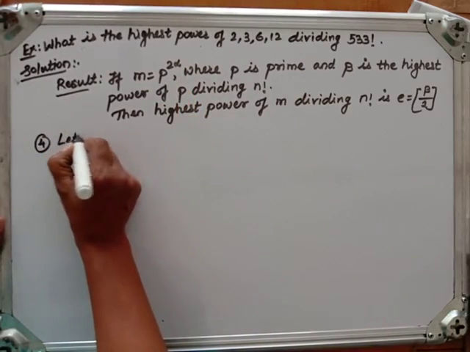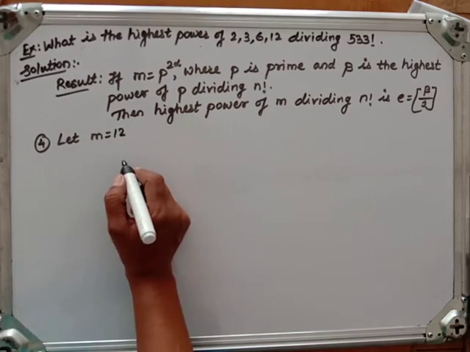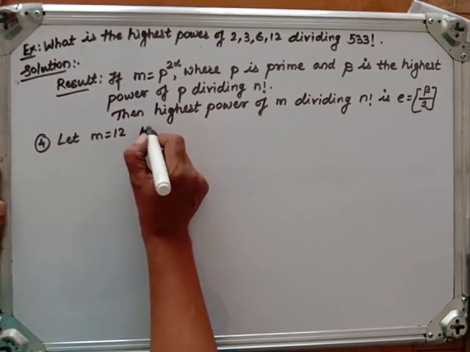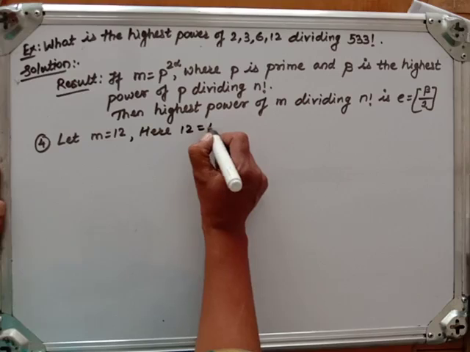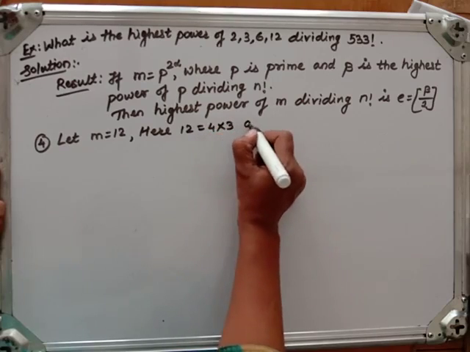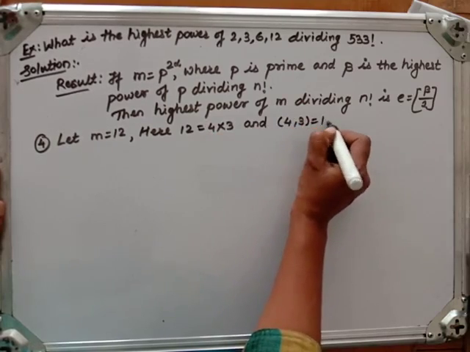Let m equal to 12. Here this 12 can be written as 4 into 3, and 4 and 3 are relatively prime.